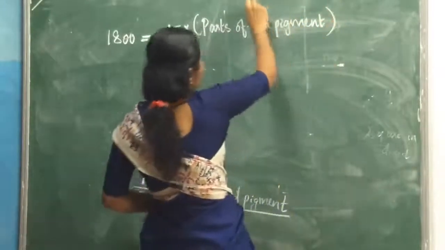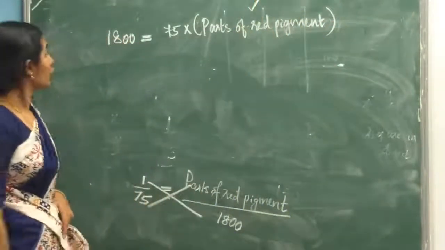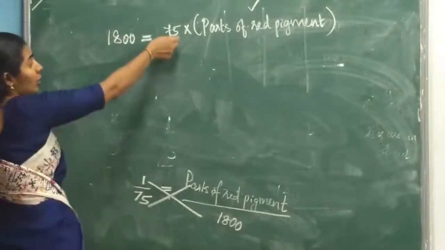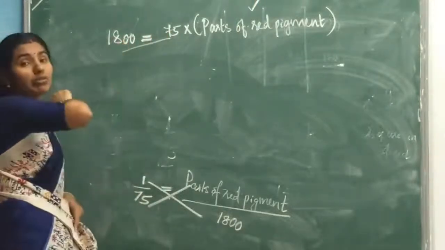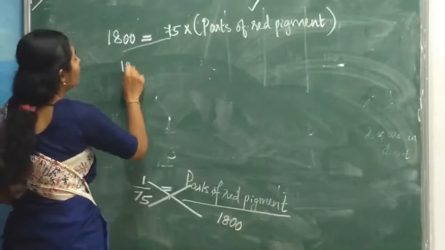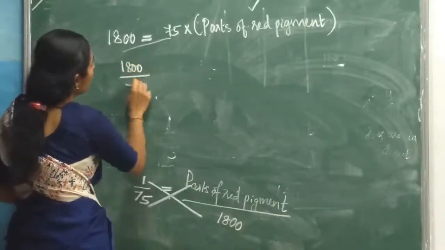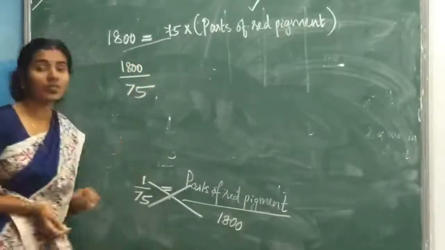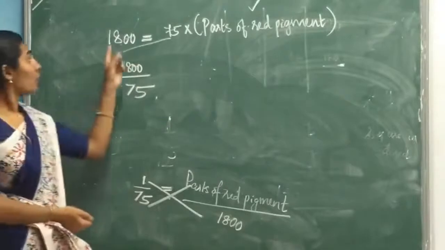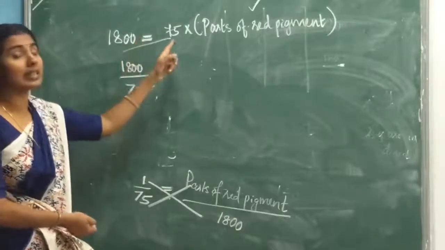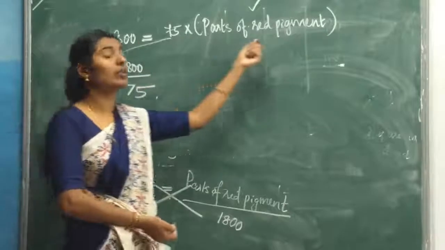Now what do you want to find? You want to find this value. So to find the value, you should shift 75 to the left side. So what will you get? 1800 divided by 75.